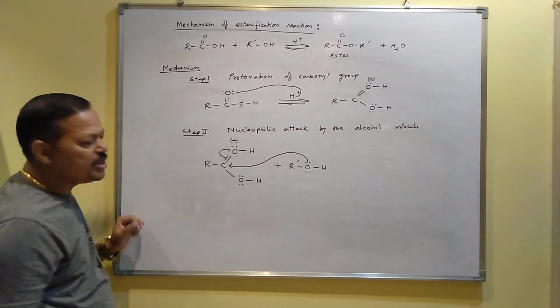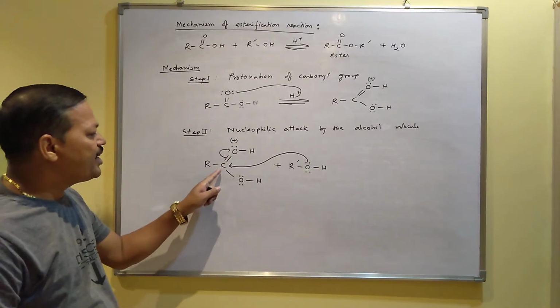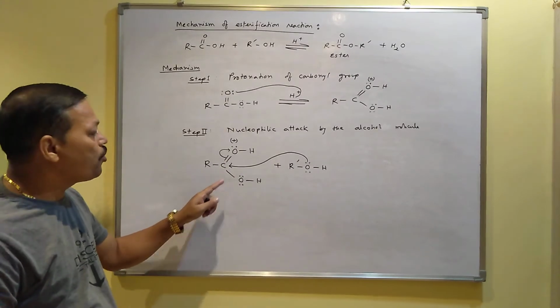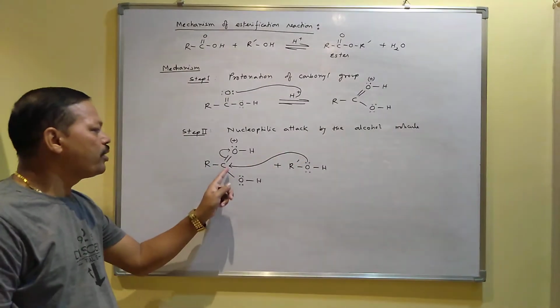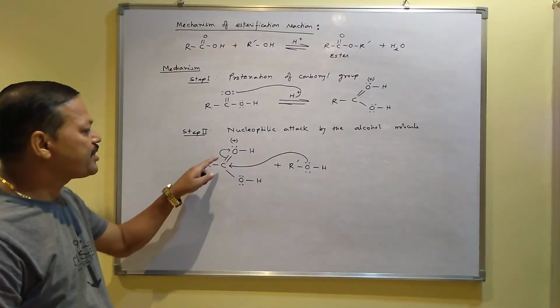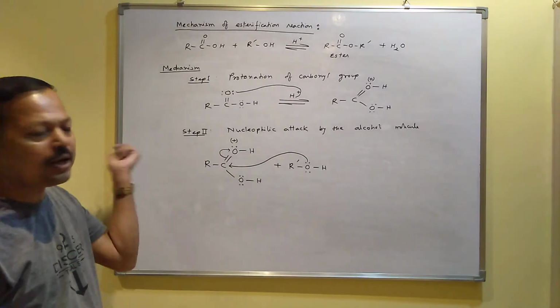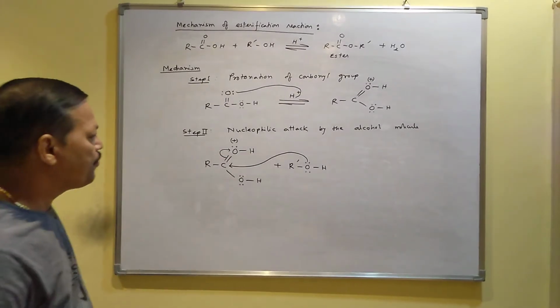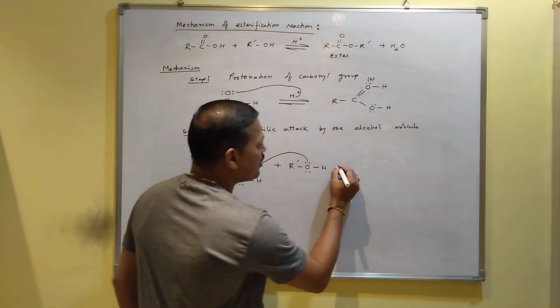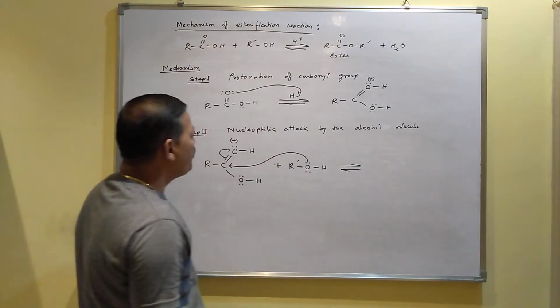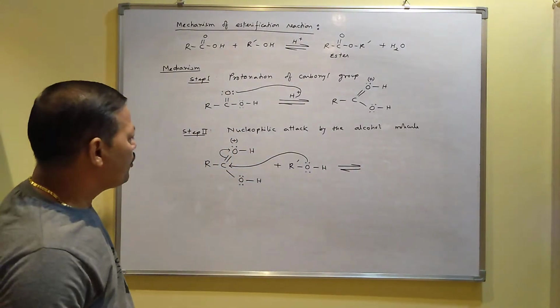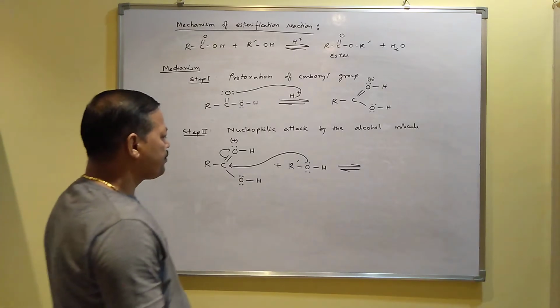Then the oxygen becomes neutral, because to maintain the valency of carbon, since carbon valency is 4, when you form a bond, then you have to break another bond, and since pi bonds are weak, it prefers to break the pi bond. So after doing this, the alcohol molecule will be joined with your protonated carboxylic acid.